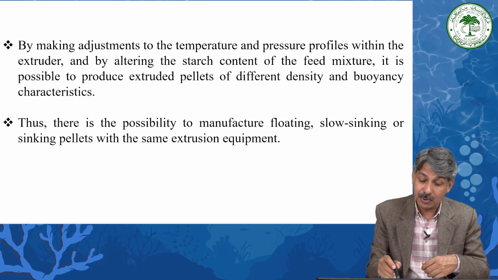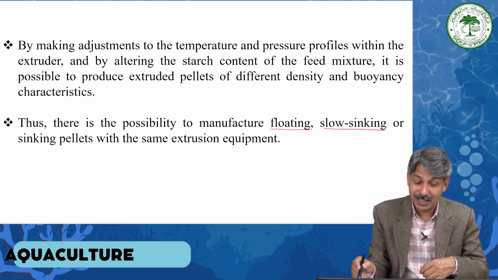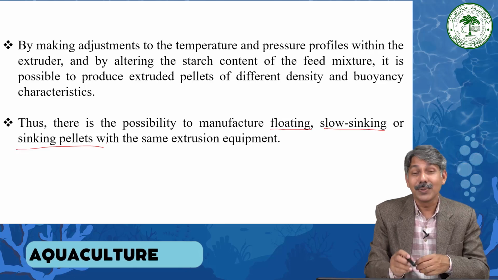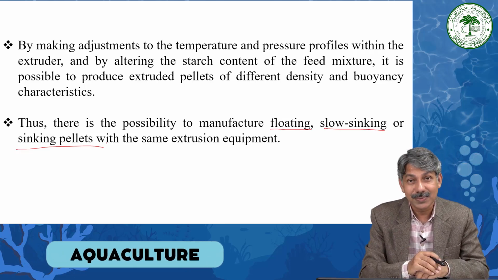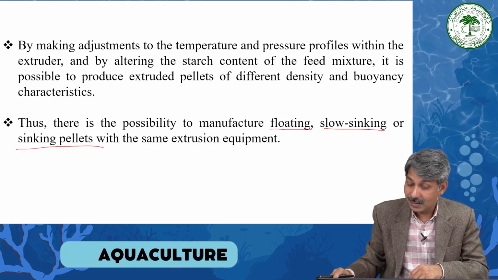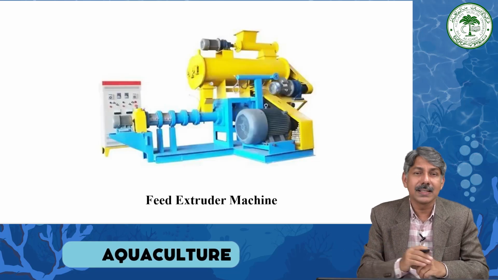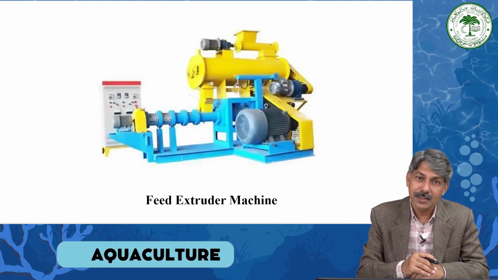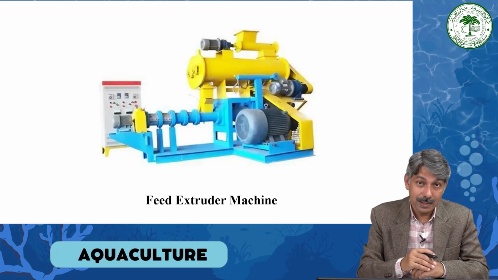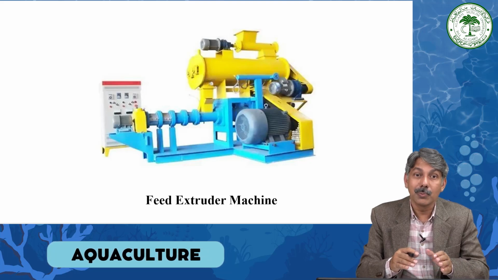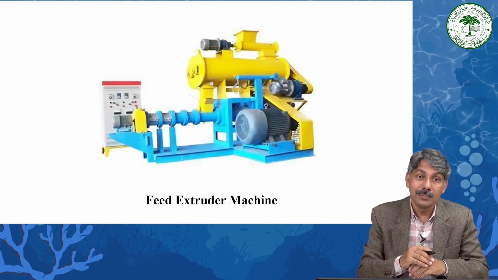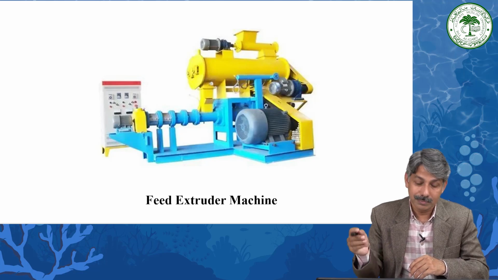Thus, there is the possibility to manufacture floating, slow sinking or sinking pellets with the same extrusion equipment. That is wonderful. And if this is used properly, you can get excellent quality pellets for feeding of almost all fish occupying all habitats, surface, column or bottom.